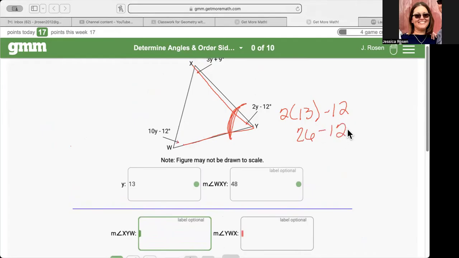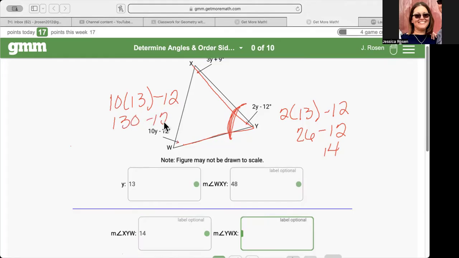And 26 minus 12 is 14. So we're going to type 14 in here. And then it wants YWX, which is this last one, obviously. So that means we're going to do 10 times 13 minus 12, which is 130 minus 12. And that gets me 118.